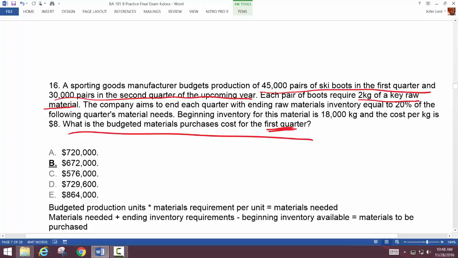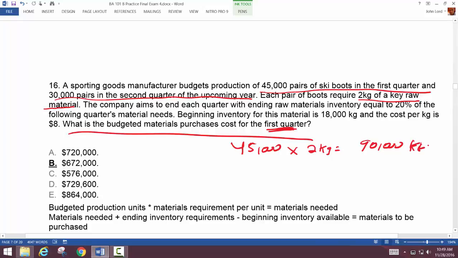Okay, so we have 45,000 pairs of boots that we want to make, but we're going to turn that into kilograms. So it's going to be 2 kilograms each, or 90,000 kilograms here.